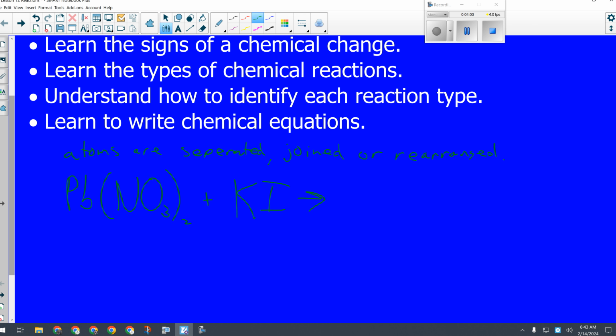If I mix these two things together, by the way, the things you mix together are called reactants. If I react those two reactants, I will get a chemical reaction. And in that chemical reaction, I will produce the following things.